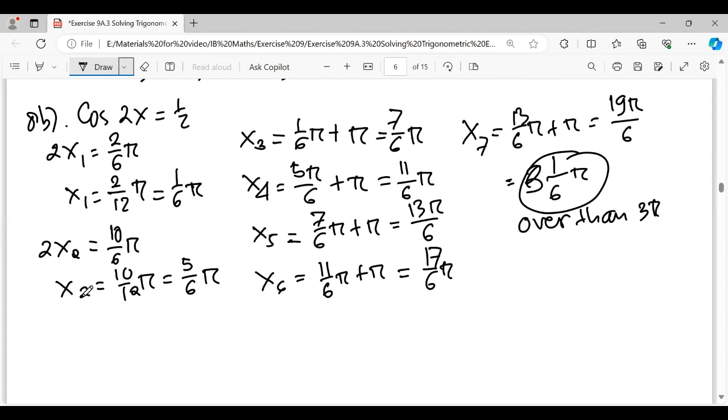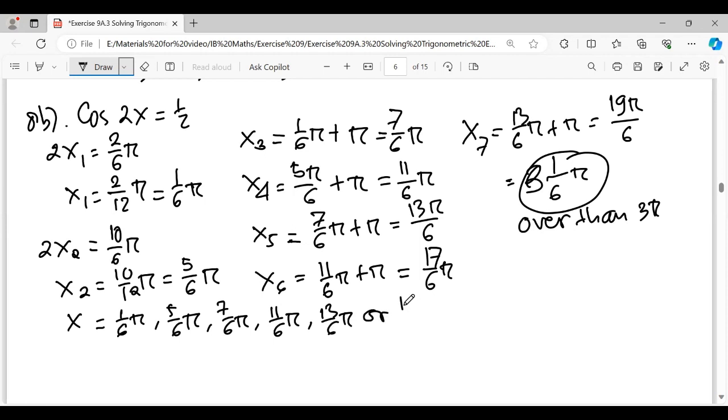So x are 1 over 6 pi, 5 over 6 pi, 7 over 6 pi, 11 over 6 pi, 13 over 6 pi, or 17 over 6 pi.